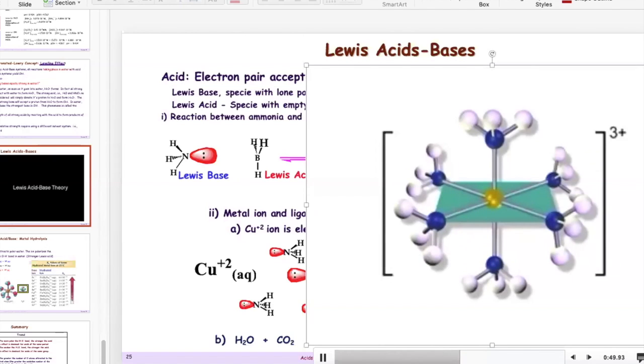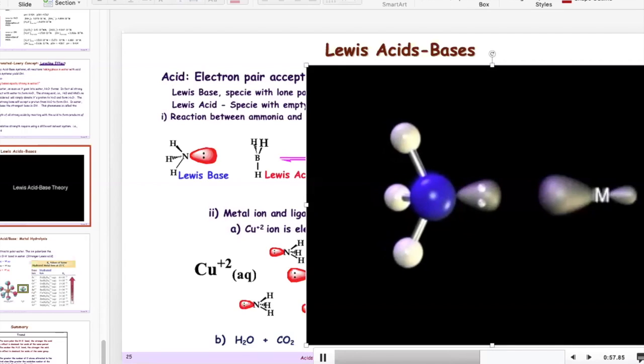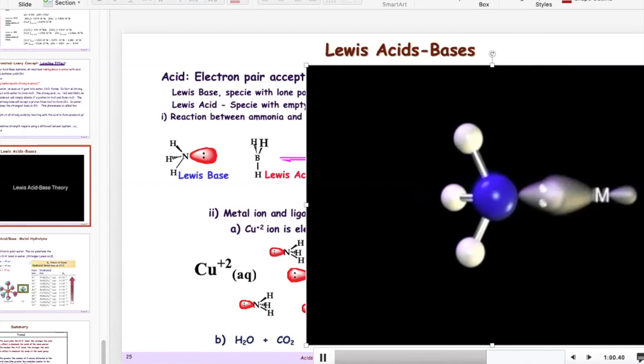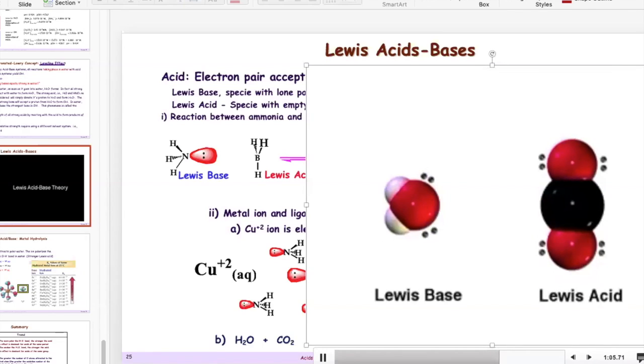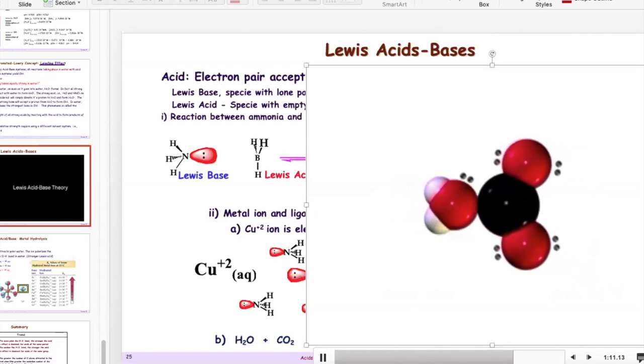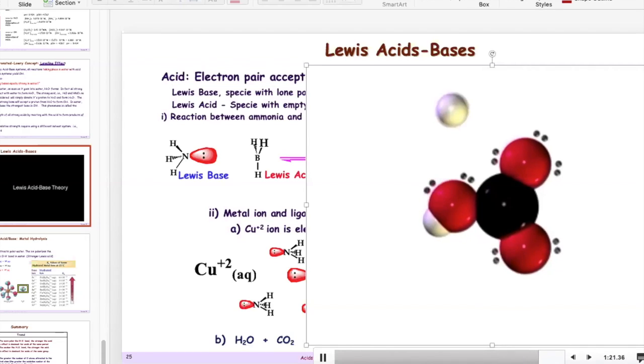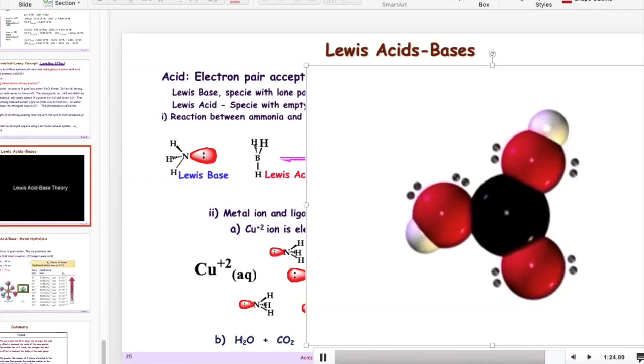Ammonia also acts as a Lewis base toward metal ions, as in this example of the cobalt-3 hexamine complex. The ammonia electron pairs are donated into vacant metal orbitals. Carbon dioxide acts as a Lewis acid toward water. One of the unshared electron pairs on oxygen is donated to the carbon atom, as one of the CO double bond electron pairs is moved onto the oxygen of carbon dioxide. A proton from the water molecule moves to the oxygen of the carbon dioxide molecule, completing the formation of carbonic acid.